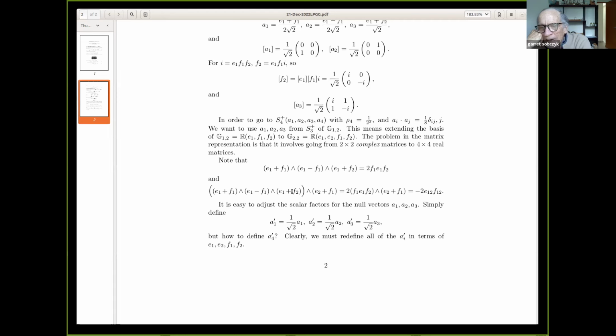I should be able to find them in terms of these F1, E1, E2, F1, and F2. Probably there's a simple decomposition, like a decomposition of a number, 6 equals 2 plus 4 plus 1 plus 5, and it looks like the same type of thing. It's just a decomposition type idea.